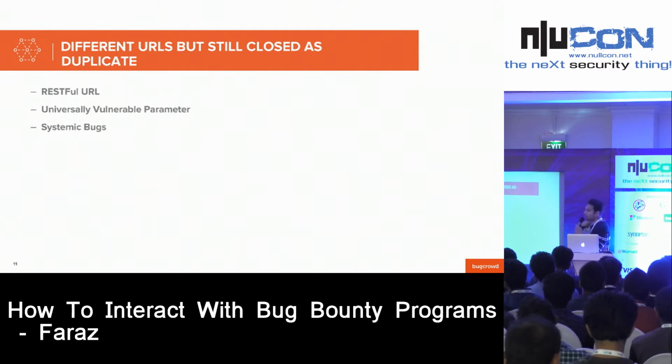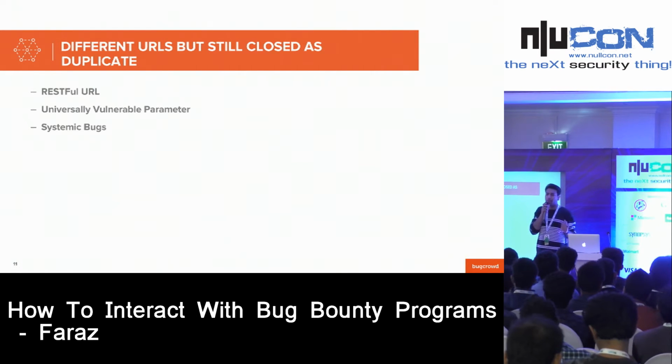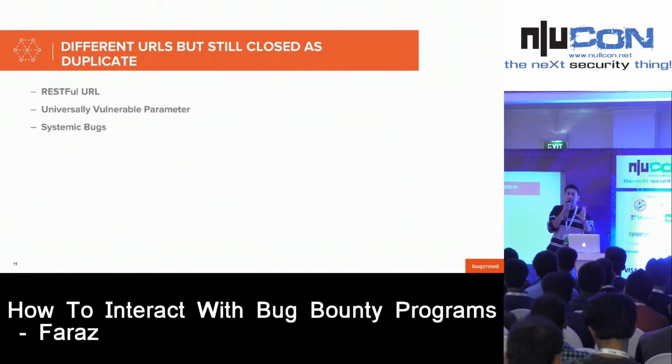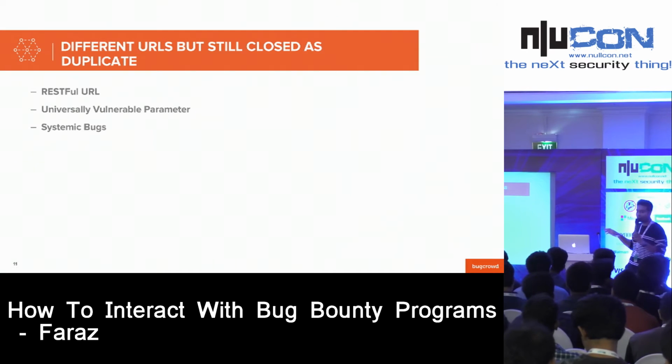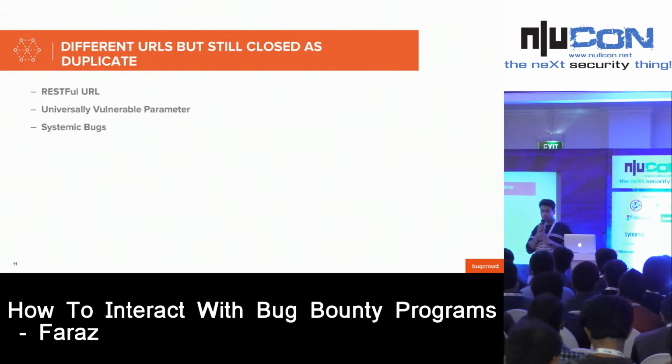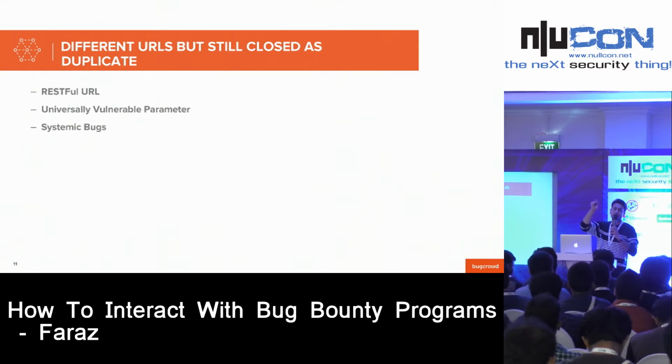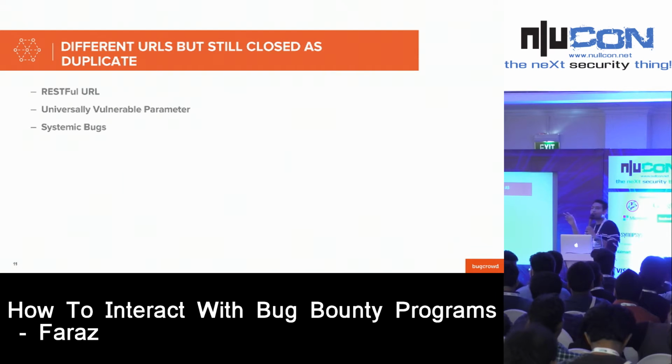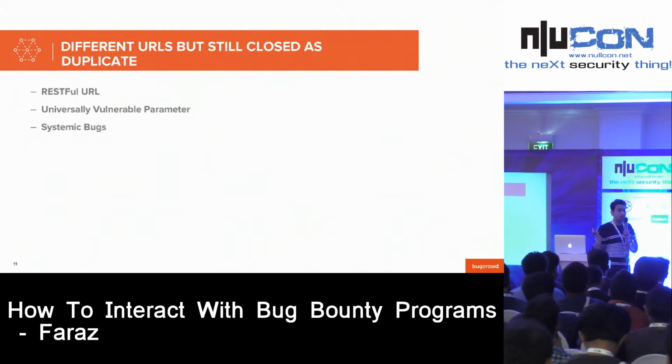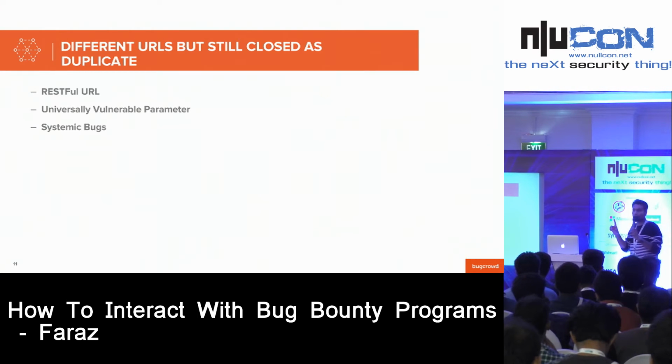RESTful URL. I would like to explain a very simple situation. There is a website, let's say Flipkart. It has different products, and every product has a different URL, like Lenovo mobile or Samsung mobile. All the URLs look different, but in the end, the product page has one single code, right?